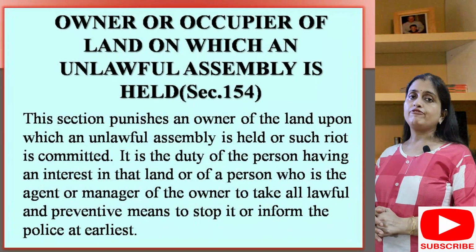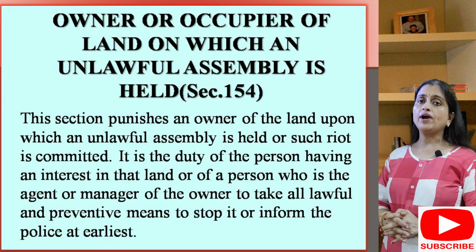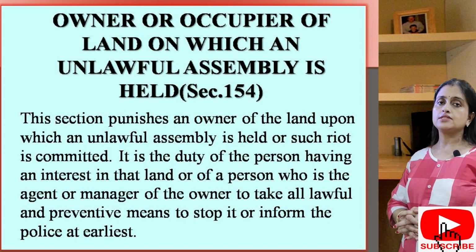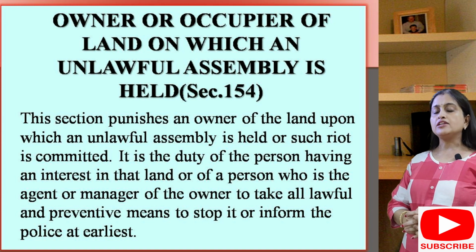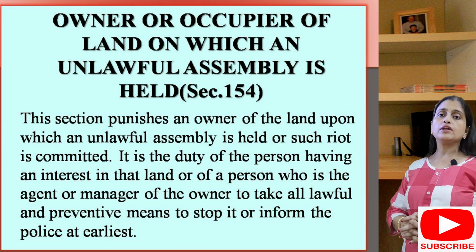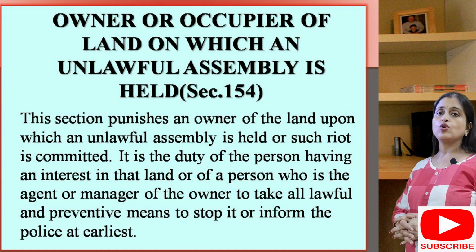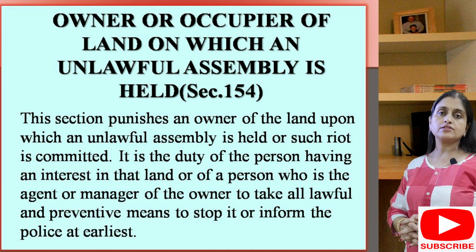Section 154. Owner or occupier of land on which an unlawful assembly is held. This section punishes an owner of the land upon which an unlawful assembly is held or such riot is committed.